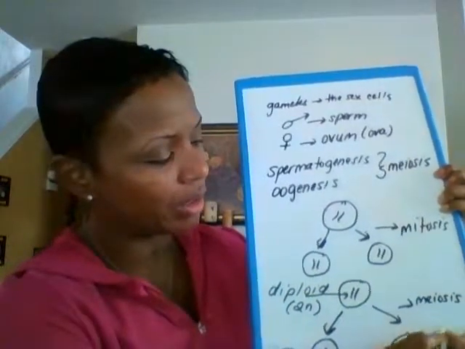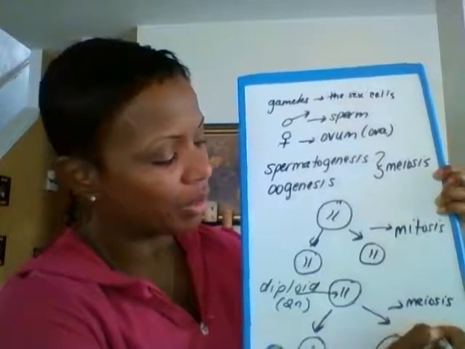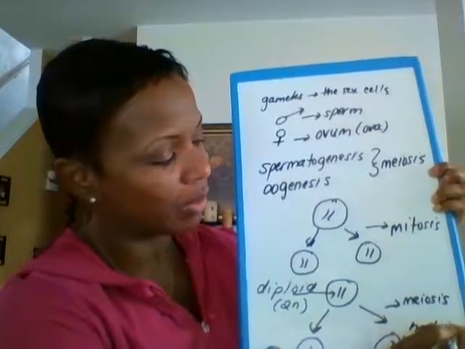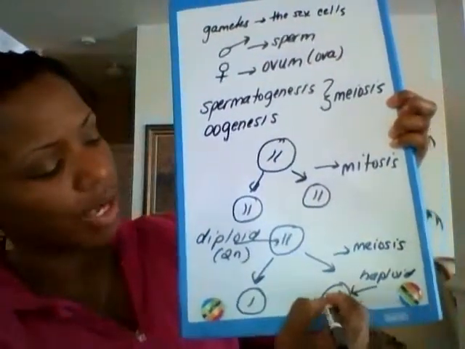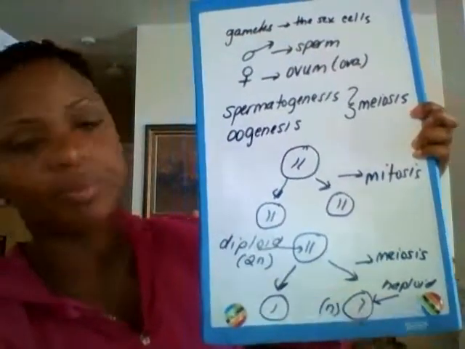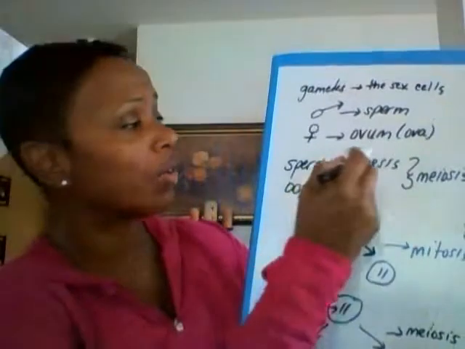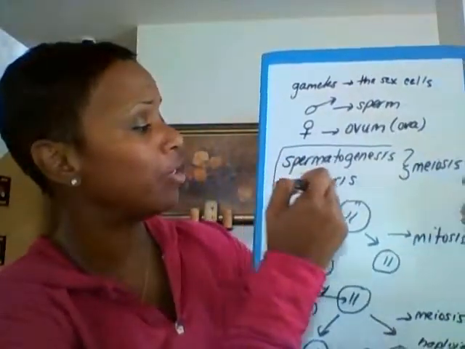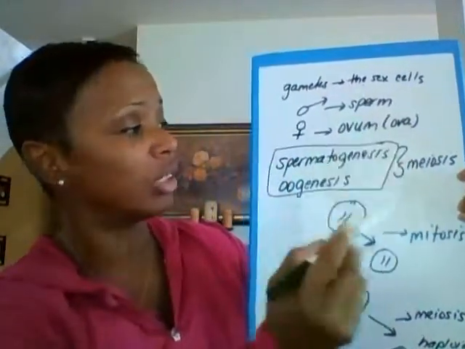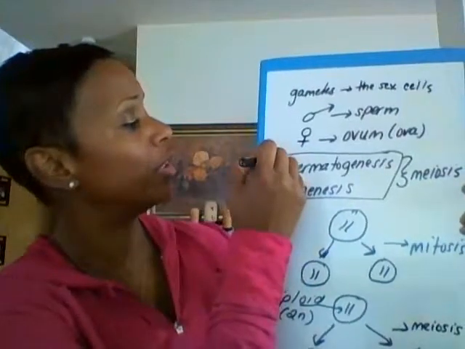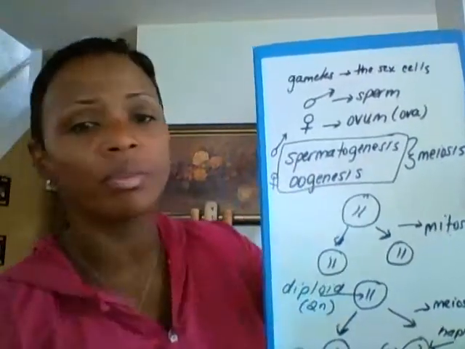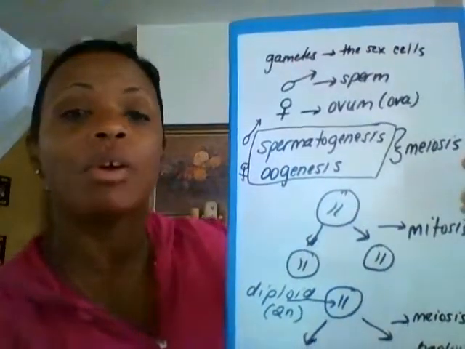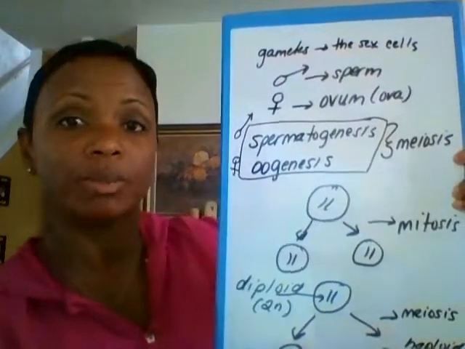The end product is haploid, which is just half the number. So the end product of spermatogenesis and oogenesis, because spermatogenesis is in the male, oogenesis is in the female, is half the number of chromosomes.